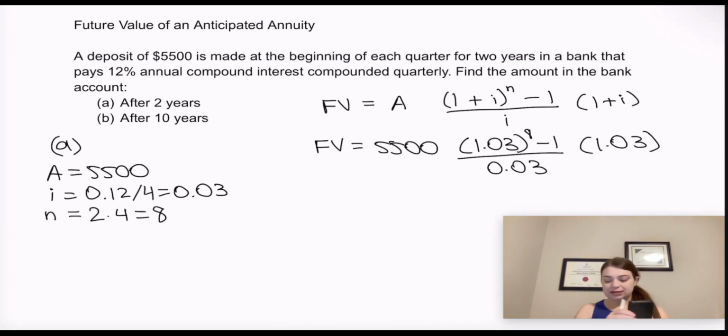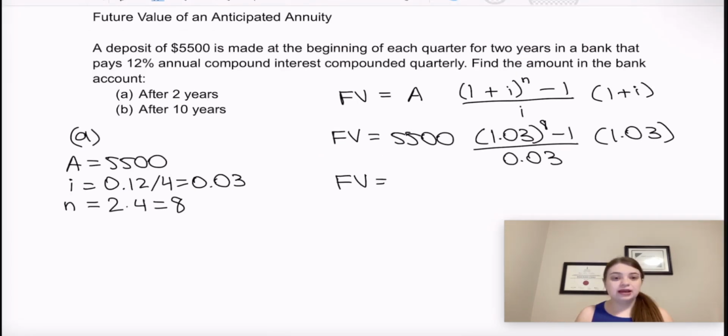Okay, so here's what I'm going to type in the calculator. 1.03 to the power 8, hit equals, divide by 0.03, hit equals again, times 1.03, hit equals again, times 5,500, hit equals again. And that is equal to $50,375.08.